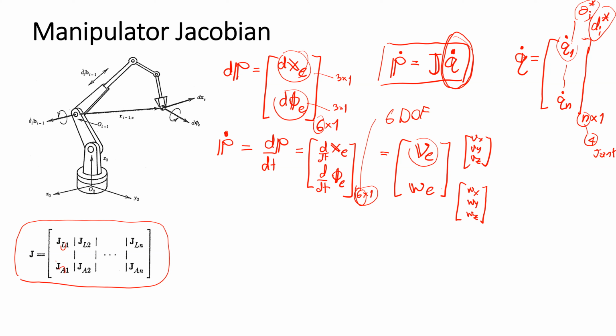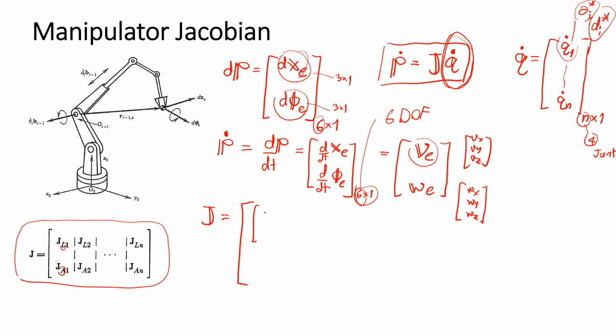A means angular position. The Jacobian is a big matrix.